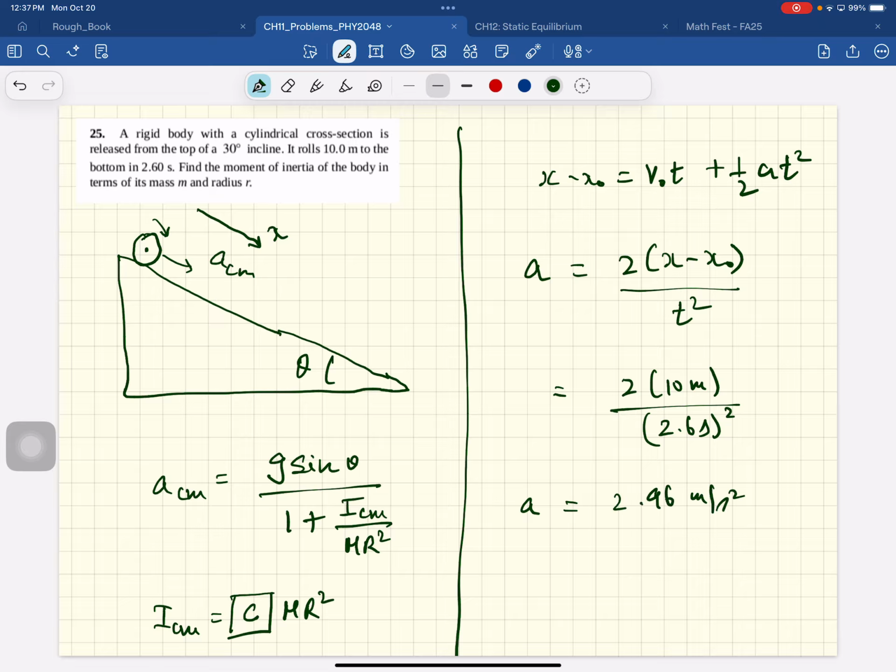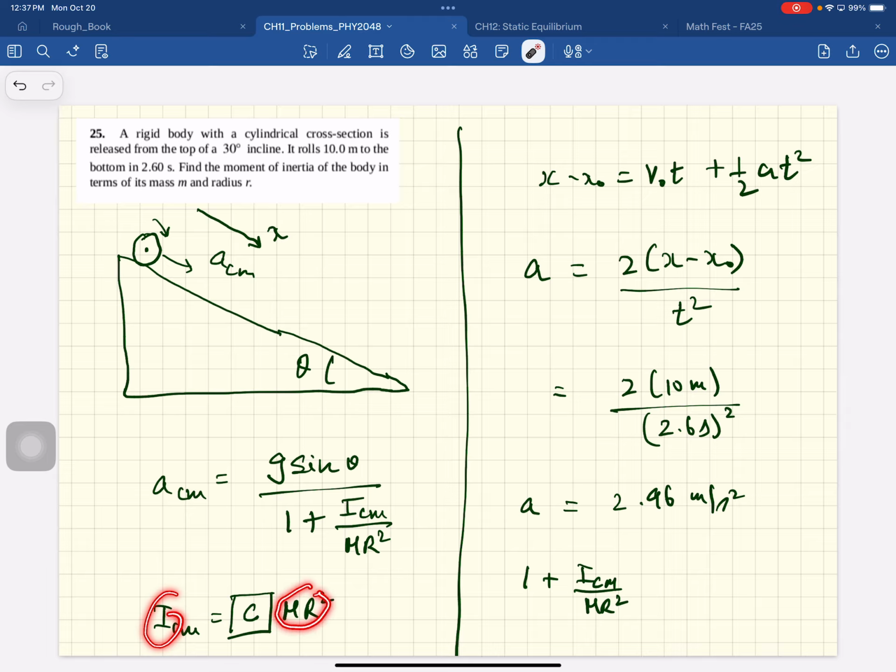Okay, so the acceleration of the center of mass is 3 meters per second squared. And we'll plug it in here and calculate this. So we get 1 plus I center of mass divided by mr squared. I center of mass divided by mr squared is this constant that we're trying to find.